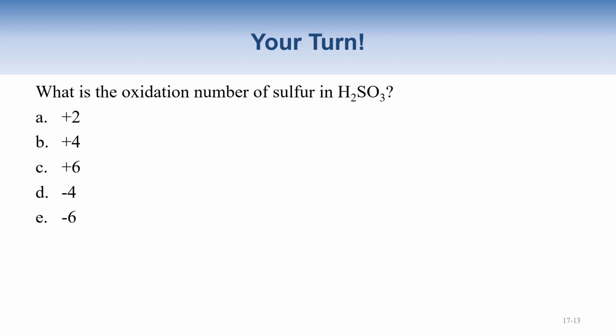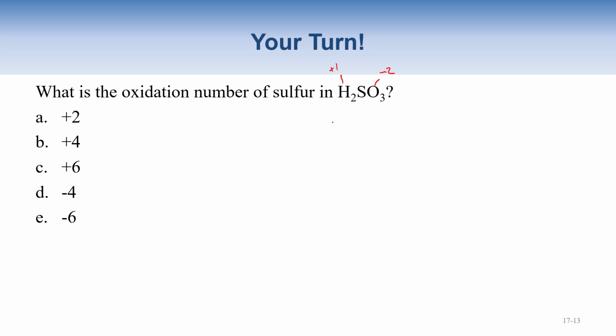What is the oxidation number of sulfur in H2SO3? Go ahead and pause and try to solve this one. All right, so again, oxygen is -2. Hydrogen is going to be +1.